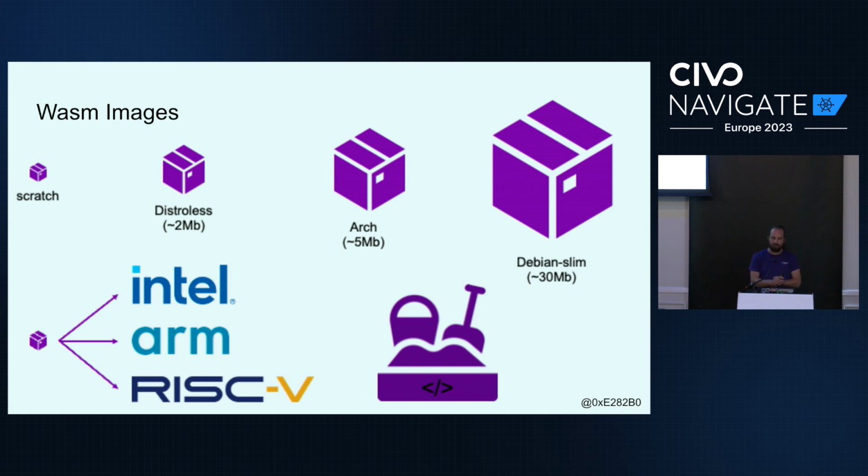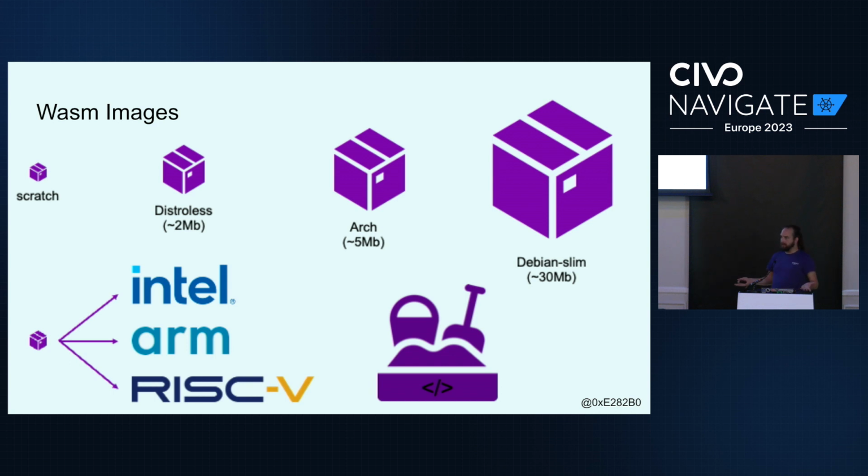You just put your Wasm file in your empty container and upload it to the registry. You don't even need a runtime, because the runtime is already installed on the server, if the node is prepared for that. You can run WebAssembly modules on any architecture, like Intel, ARM, RISC-V, when you have a matching runtime.